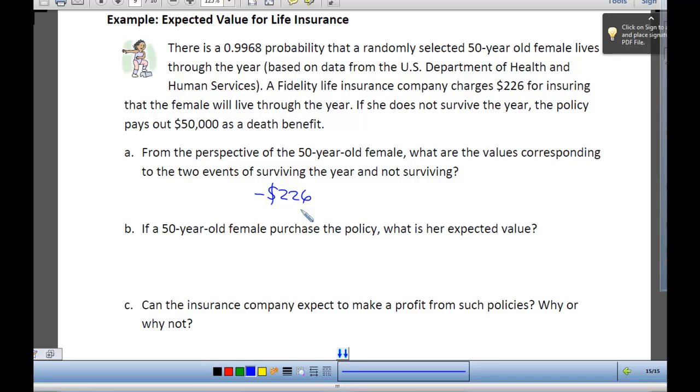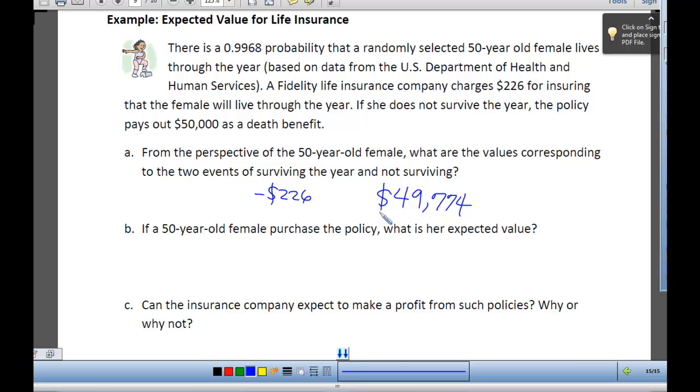So I got $49,774. I'm not sure why I put a parenthesis there, so let's just erase that. All right, so those are the two values.